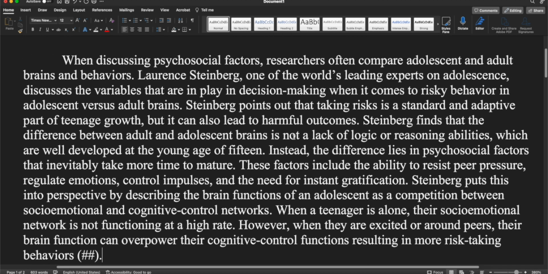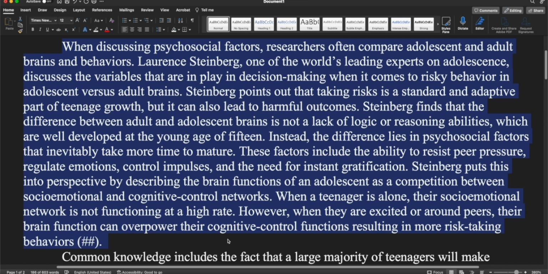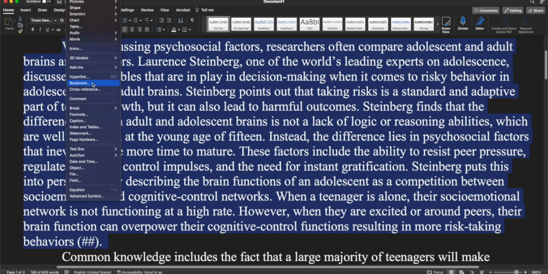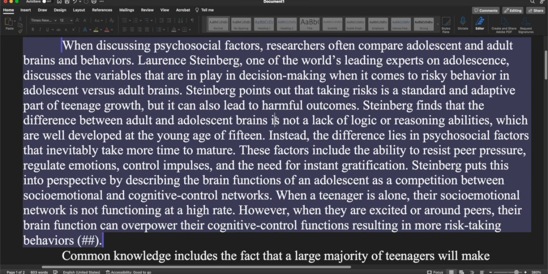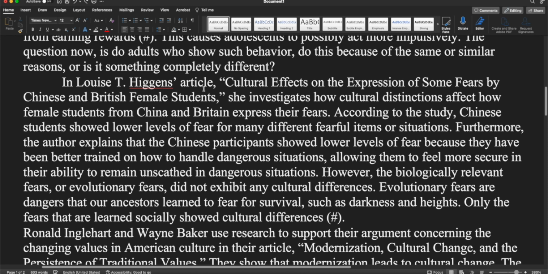Okay, so we've got a section up here. I'm actually going to insert comments. What's the hotkey for that? Oh, wow, that's not what that's supposed to look like.